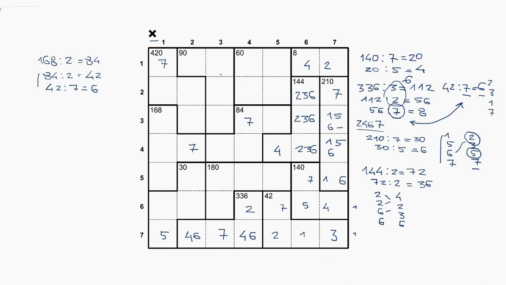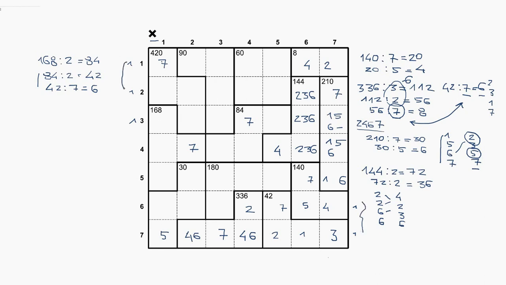Okay, what about the number 5 in these 3 areas with numbers 420, 90 and 60? It has to be 3 numbers of 5, and there are 3 rows. This is the same situation like it was for the number 7 here.